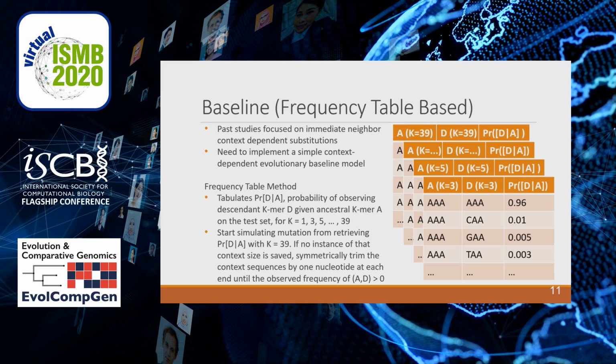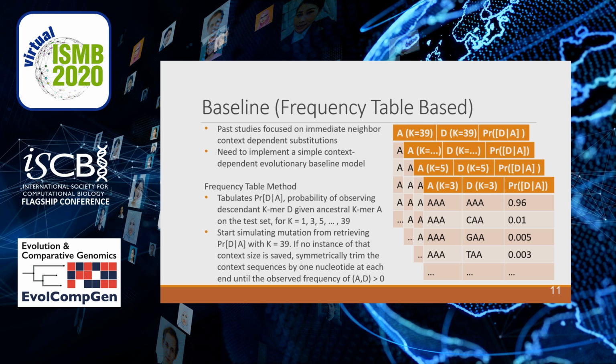We first tabulate the probability of observing descendant k-mer D given ancestral k-mer A for the k size from 1 up to 39. Then, to calculate the probability of ancestral k-mer A evolving into descendant k-mer D, we look up the corresponding A and D pair in the table.